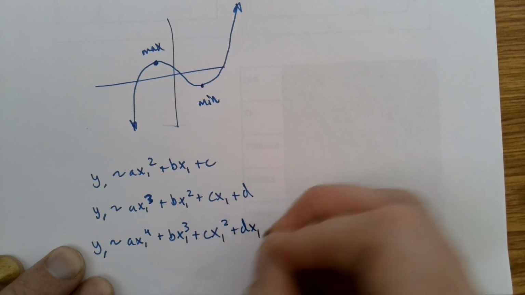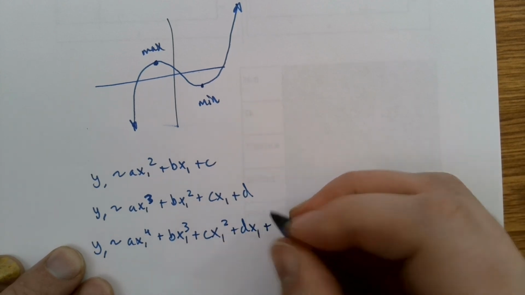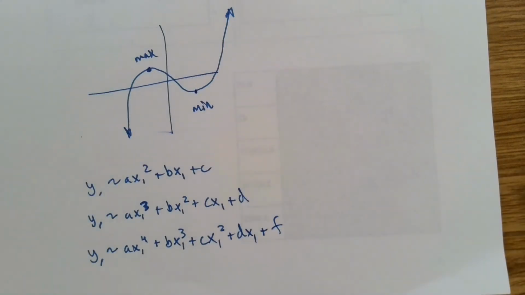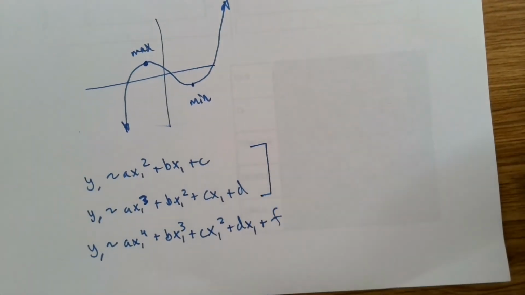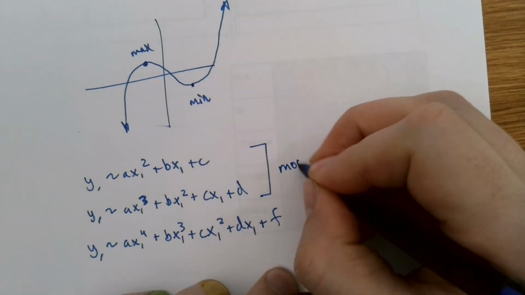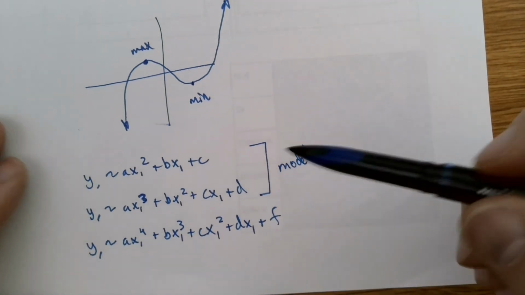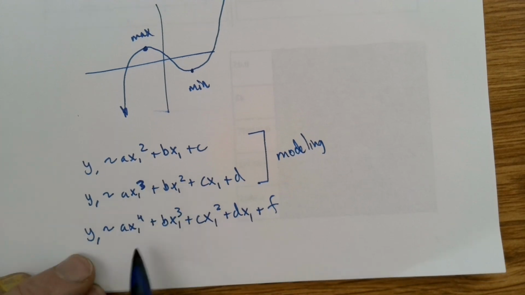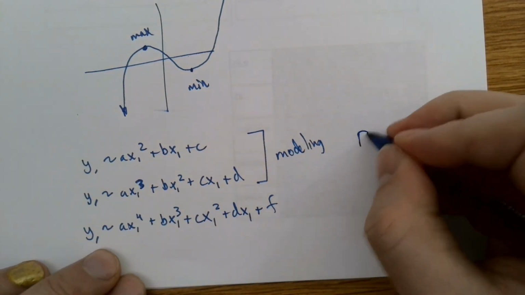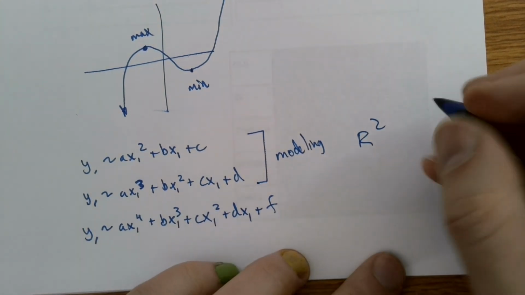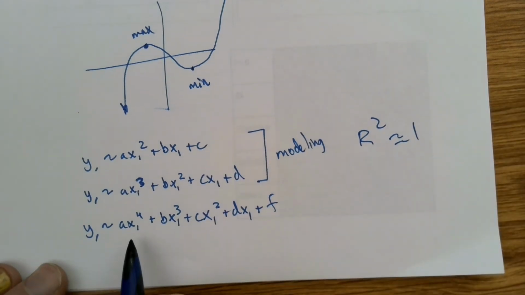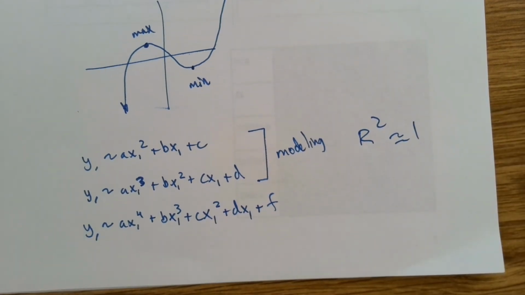So if you want to do this, maybe just skip that in the alphabet. A, B, C, D, E, F would be your other value if you're working there. But really, we kind of stuck with these two for modeling. Turns out the R squared value is going to get closer and closer to 1 the higher power degree you get. The problem is the function you get gets less and less useful the higher you go.